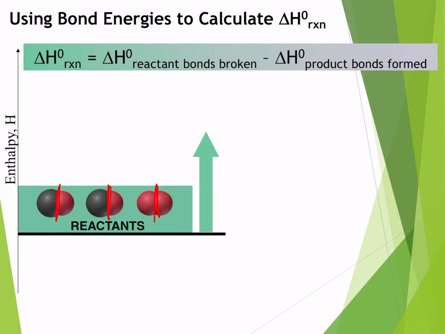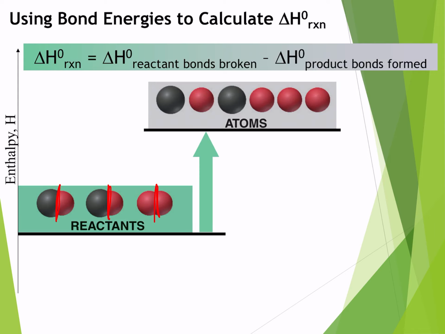That's going to be a positive value. And then we'll have all of our atoms broken all apart. Once they are broken apart, now we can react them together. This is carbon, these are carbon monoxides and oxygen gas.